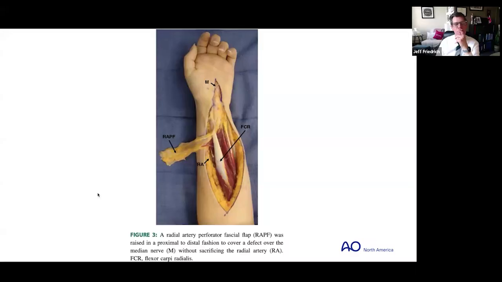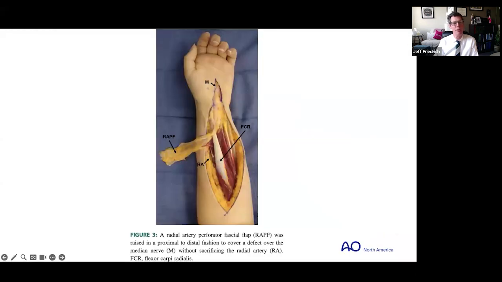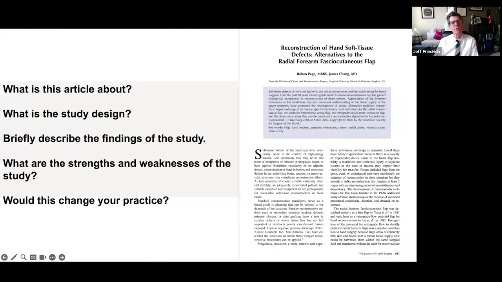I think when you're far away, then you have to change and take the radial artery. Yeah, so it's pivot point distance. Okay, I do want to keep an eye on the clock. Oh, dang. Sorry about that. Let's go on to the next one.